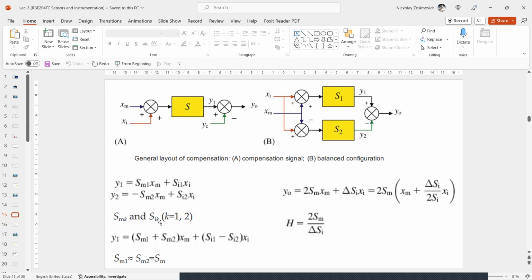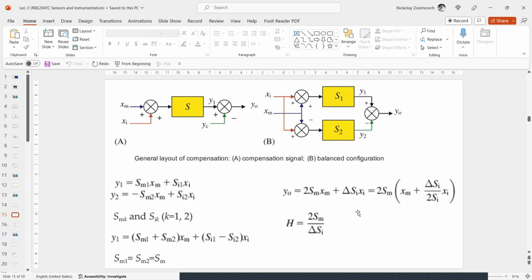K may be used only 1 and 2. So the output signal of the sensor system equals, as you can see in row 3 in this slide, and becomes like the expression for Y node, right column, and the expression.